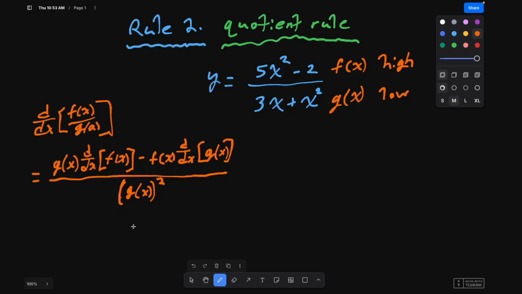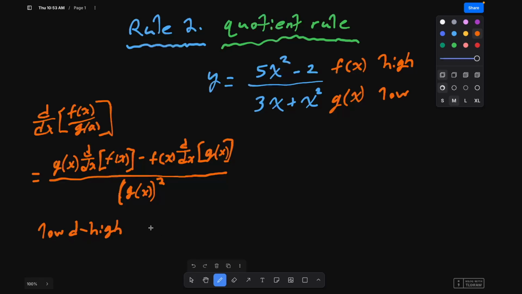But there's a little jingle that helps me remember the quotient rule using the word high for the numerator and the word low for the denominator. And that jingle is low d high, meaning the derivative of the high, the numerator.